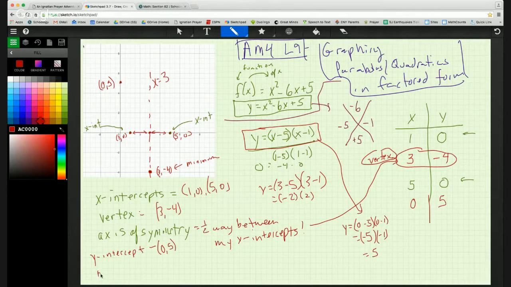Now, there's a very key point that we can use, because our y-intercept is 0, 5, and we know about mirroring. So I want you to think about this axis of symmetry mirroring and where another point has to be.